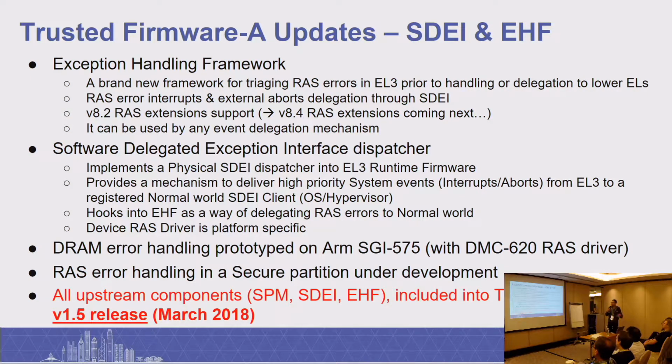And it can be used by the delegation mechanism that's listed just below, the SDEI dispatcher. The SDEI dispatcher implements a piece of the SDEI specification from ARM, exactly the physical SDEI dispatcher. So it allows a normal world SDEI client to register handlers in the secure world for receiving events, system events that are coming from the secure world.